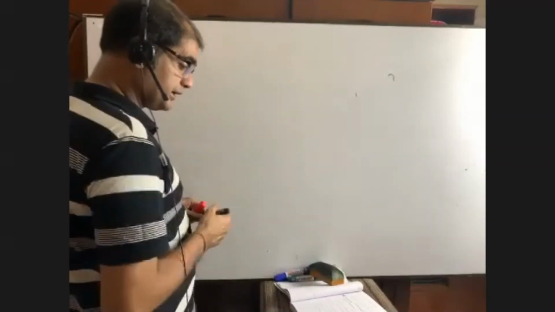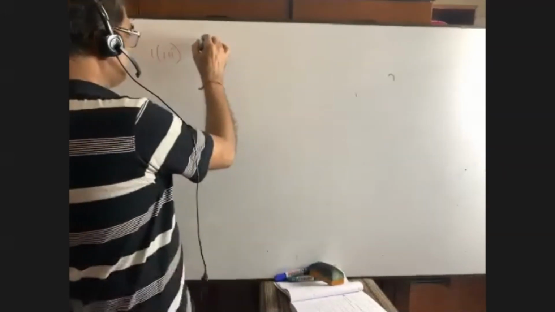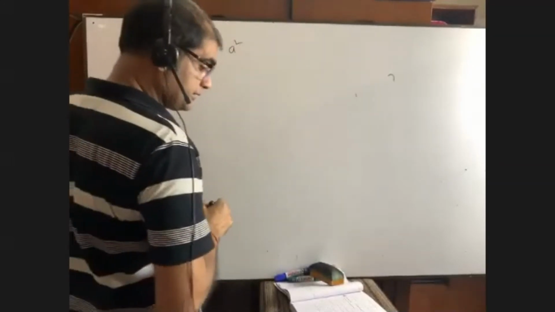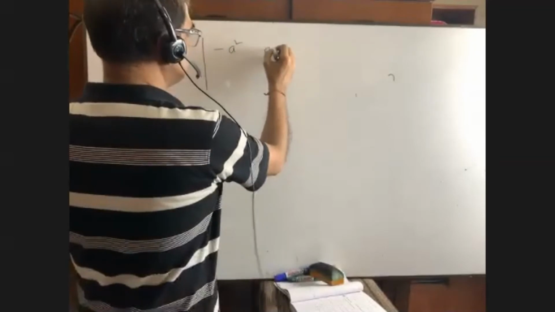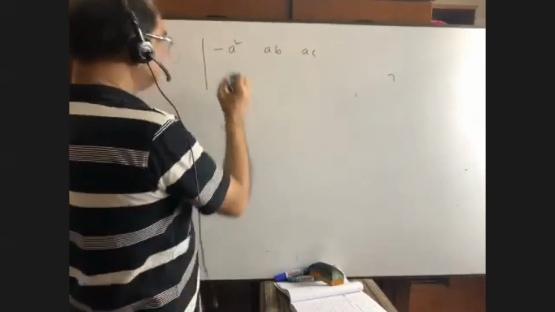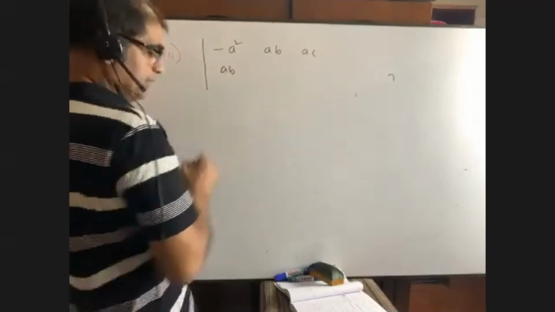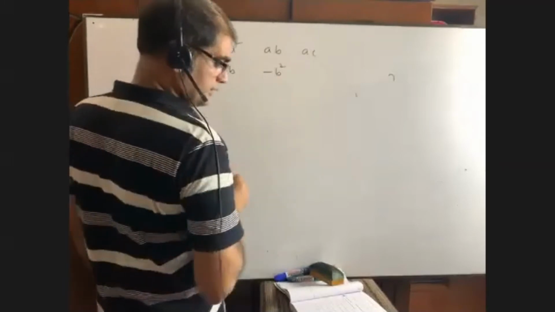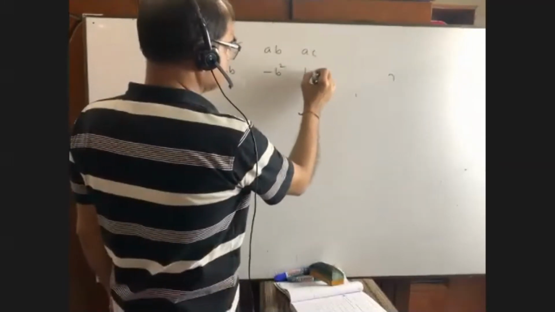On 3, you write down, it is given here, minus A square, copy it, AB, AC, then AB, minus B square, then it is BC.